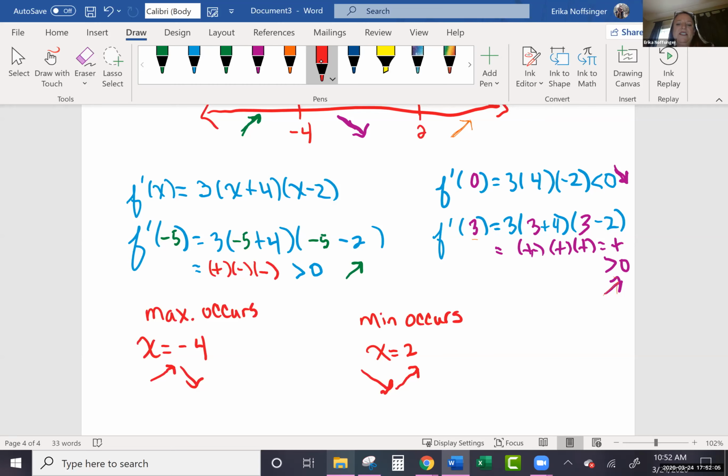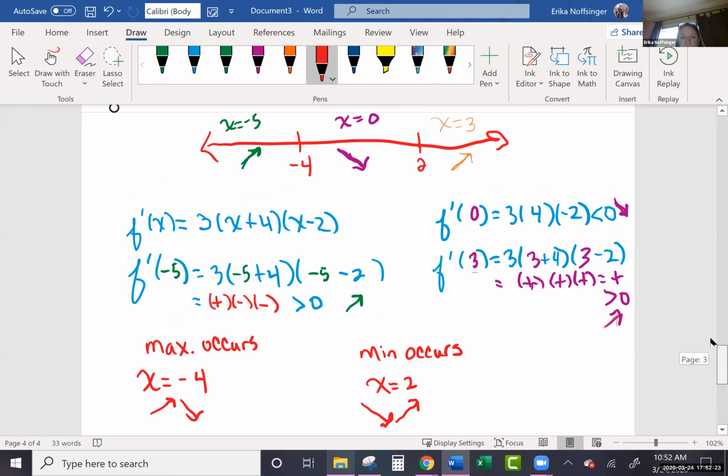Okay, so these are the x values that they occur at. And again, I think I mentioned this last week, they're going to actually want the y value that these occur at. And so to get the y value, we need to plug these x values back into our original equation. So I'm going to go back and see what that original was.